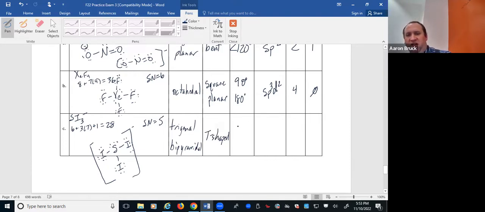Bond angles in T-shaped are going to be less than 90 and 180 degrees. Hybridization for steric number 5 is sp3d. And if I look at the structure, I see there are 3 bonds in it. None of them are double or triple bonds, so I've got no pi, but 3 sigma.